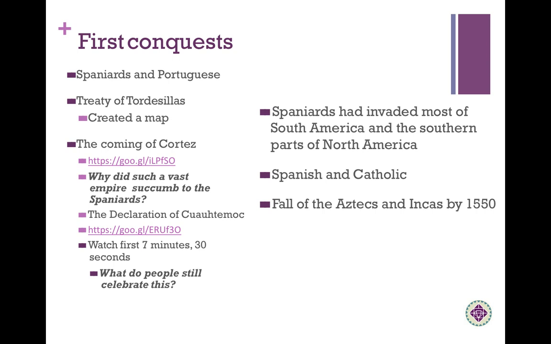Also, how such an empire fell by the hand of Cortés, and how much Mexican symbolism goes back to this time period, the 1550s, with the declaration of Cuauhtémoc.